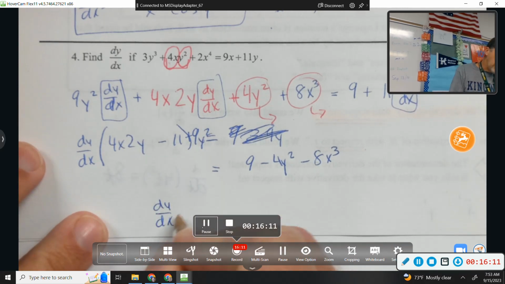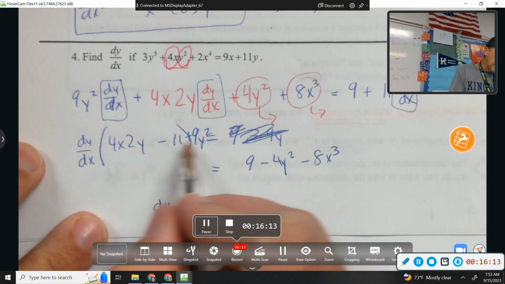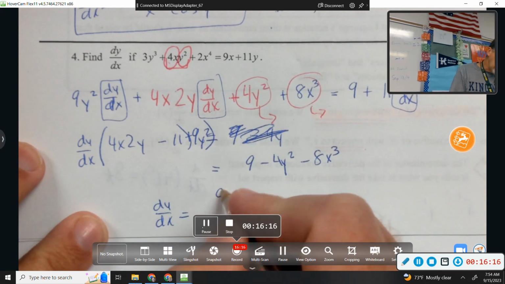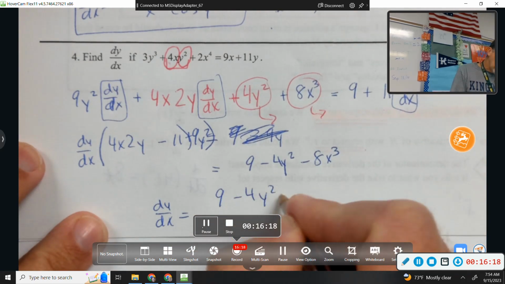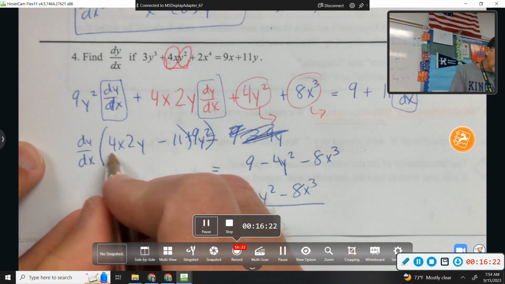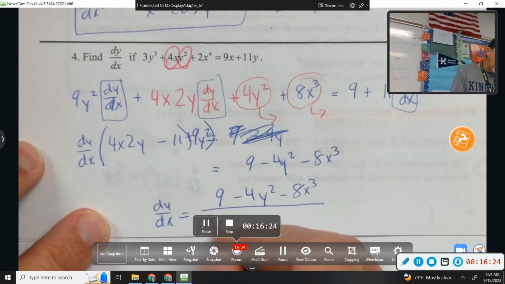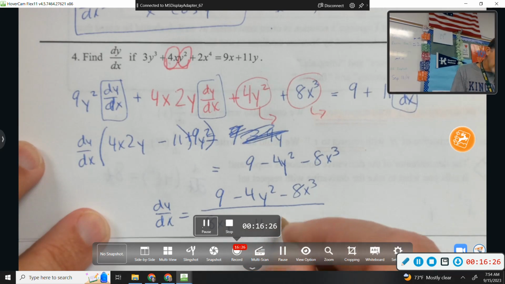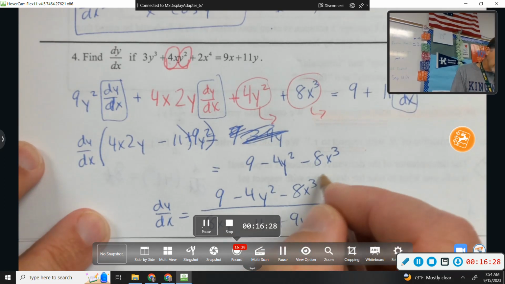So dy/dx, I'm going to now divide by all of those things. This is just algebra record keeping stuff. I'll go ahead and multiply 4 and 2 and get 8xy minus 11 plus 9y squared.